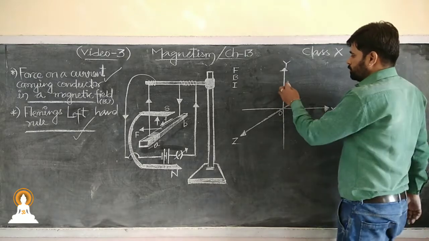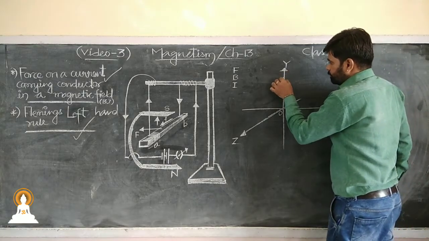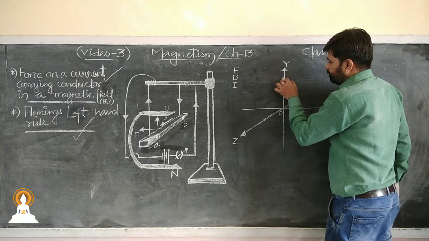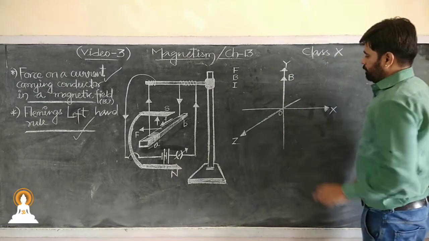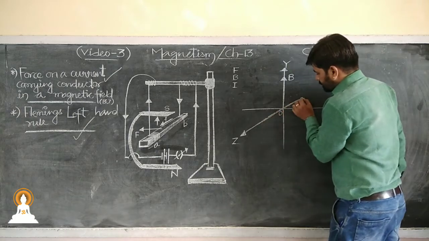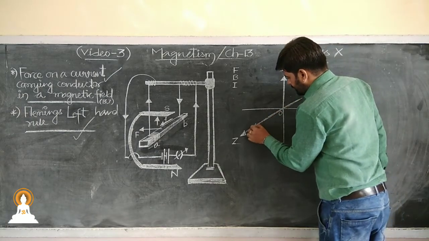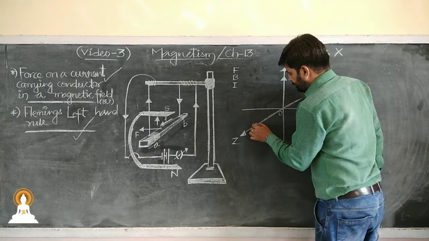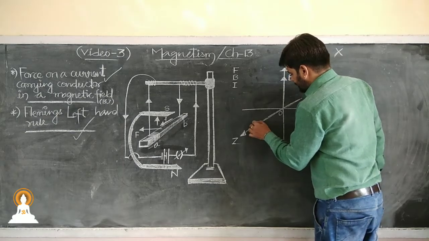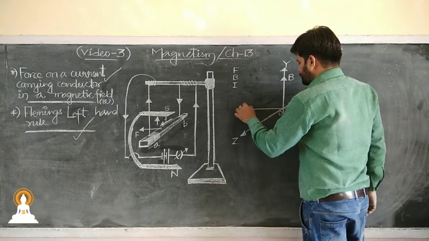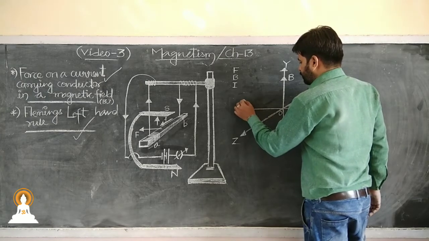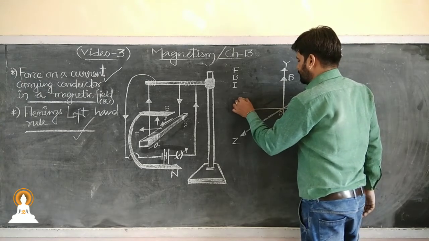Suppose this is the magnetic field, and suppose the direction of current is like this. Then we will see this is going to be the direction of force.